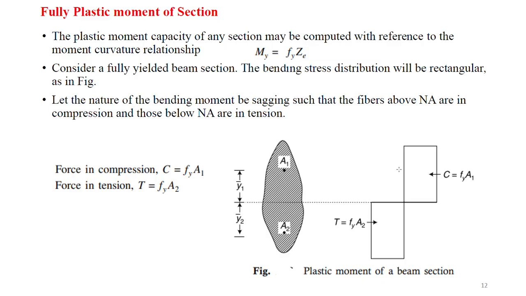By using this fully plastic moment diagram, we find the equal area axis. By using this equal area axis, we divide the section into two parts as A1 and A2, having centroidal distances Y1 bar and Y2 bar. Depending on A1 and A2, we find the compressive force as well as the tensile force.